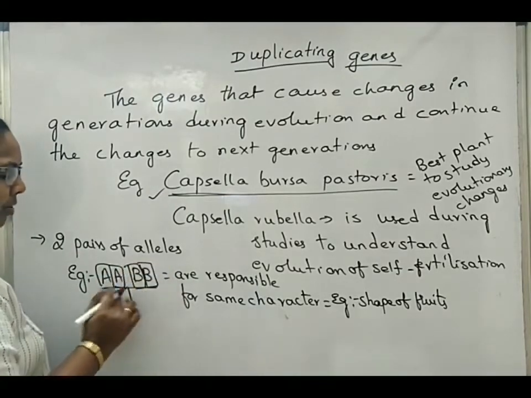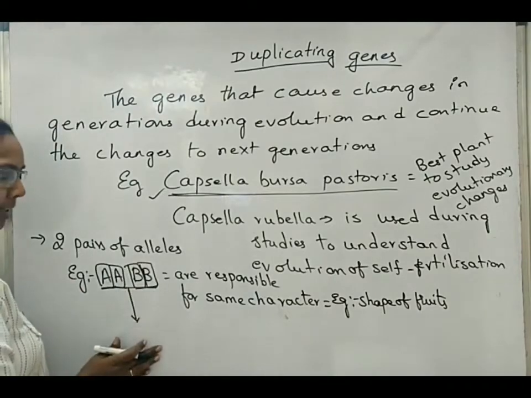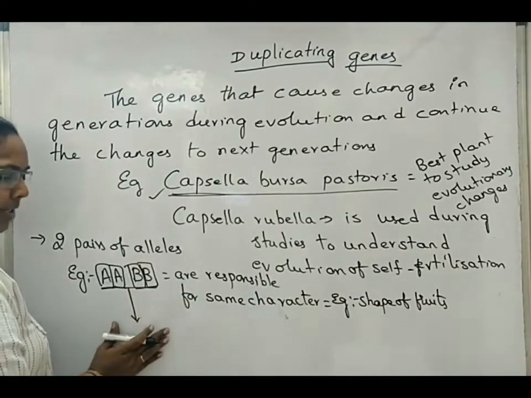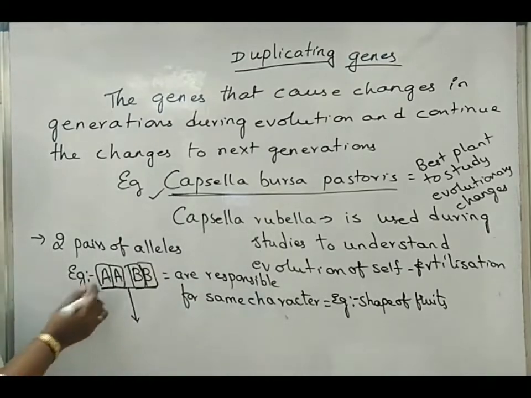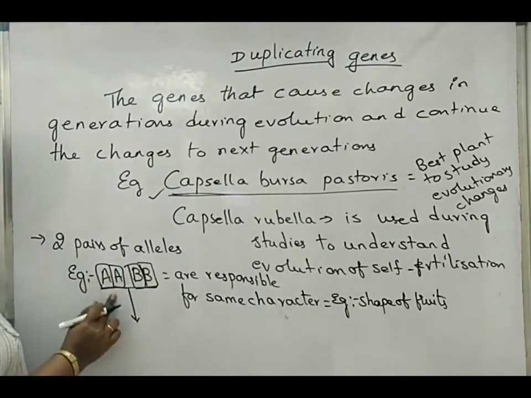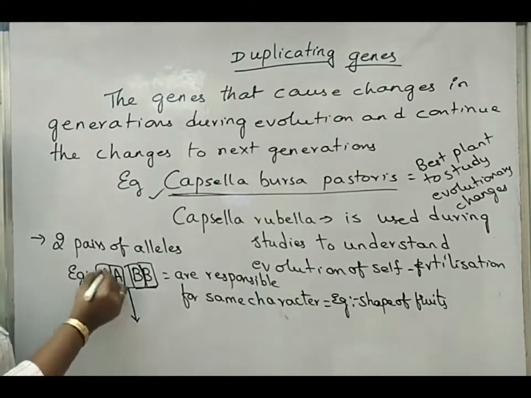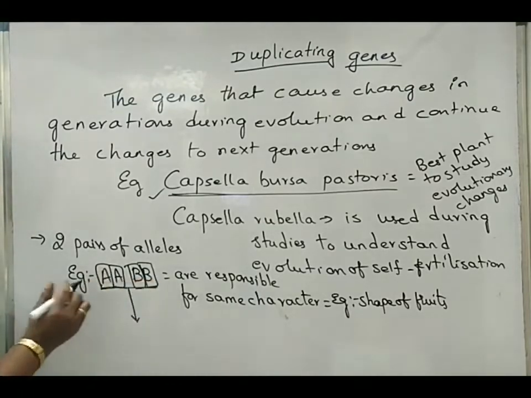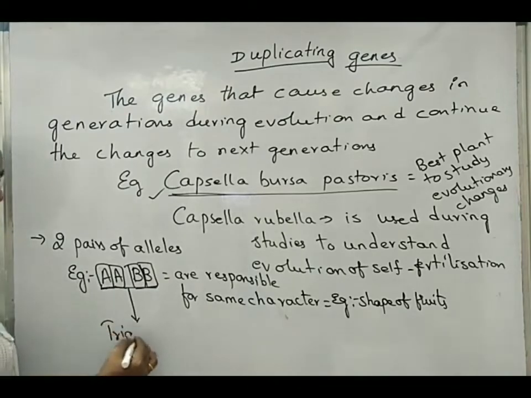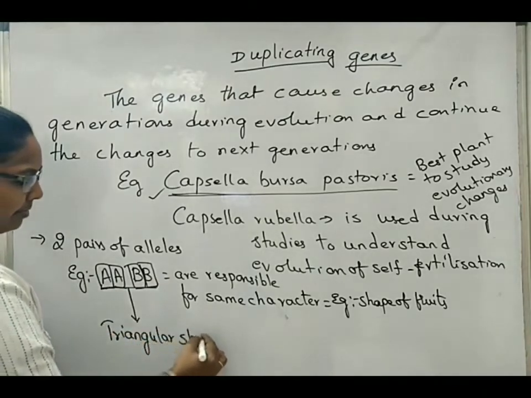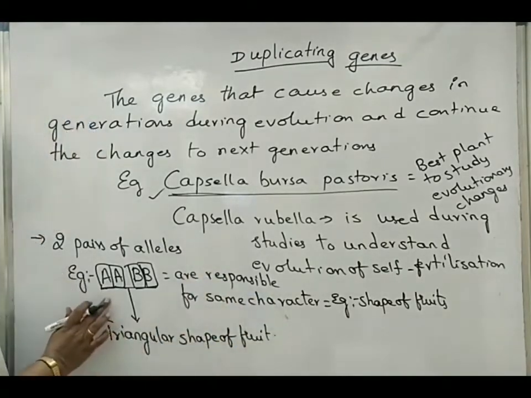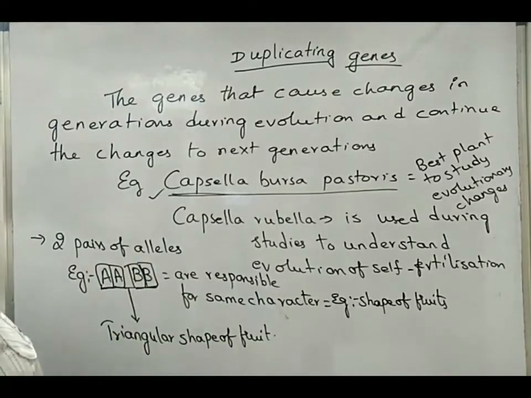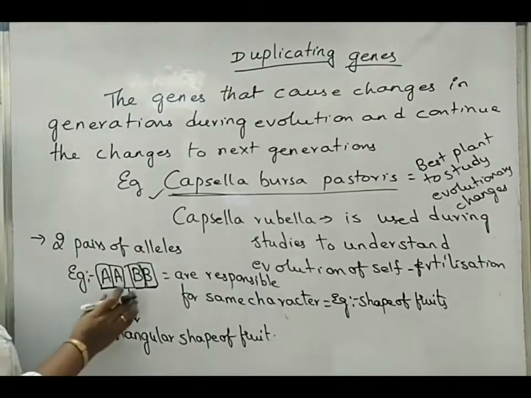Now, if any one dominant allele is present in the gamete, in the zygote, or in the next generation plants or offspring, then they express their own character. Suppose any one of the alleles or a combination of alleles is responsible for the triangular shape of the fruit, then they will suppress the contrasting recessive alleles present beside them.